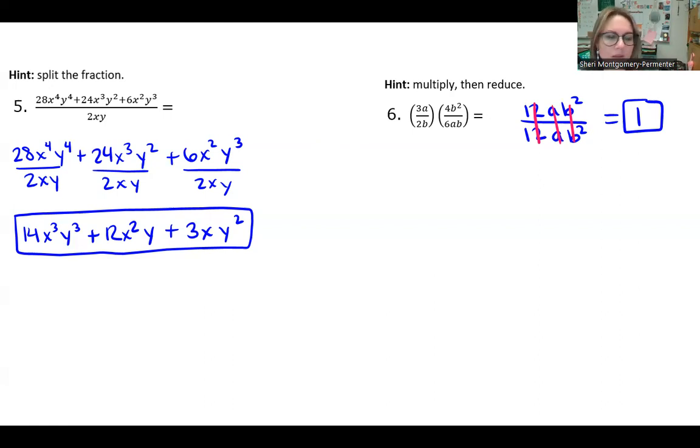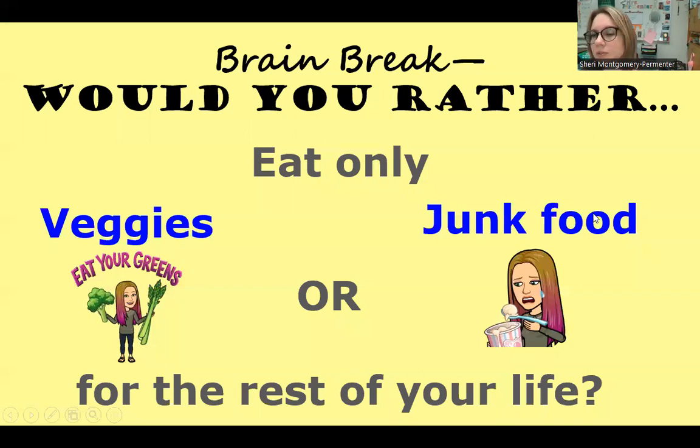All right. Before we get started on the back, we have another student supplied brain break. So, would you rather eat only veggies or only junk food for the rest of your life?